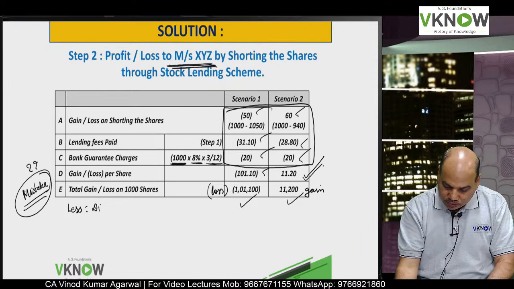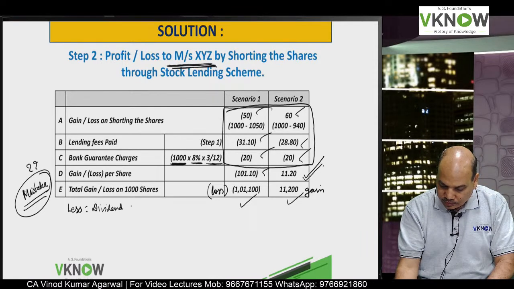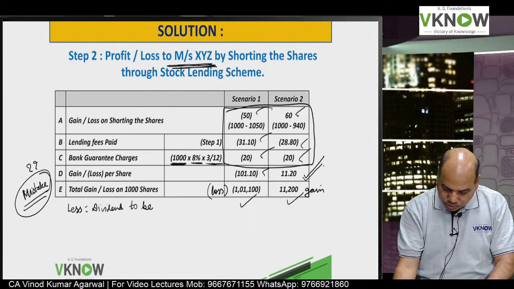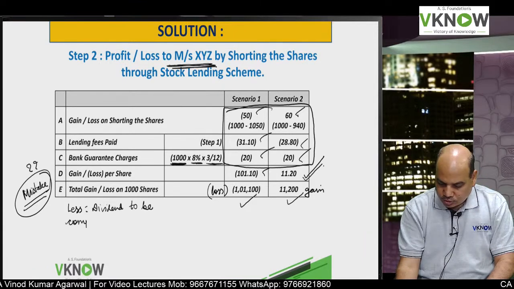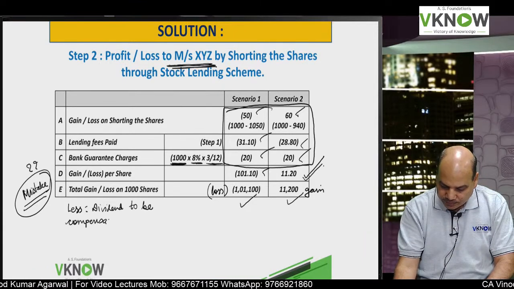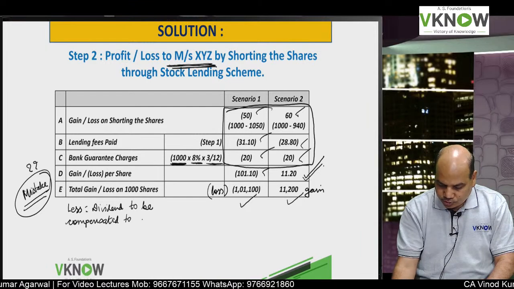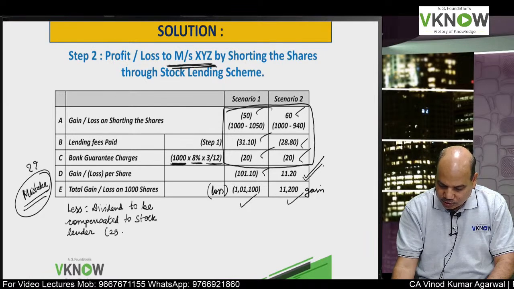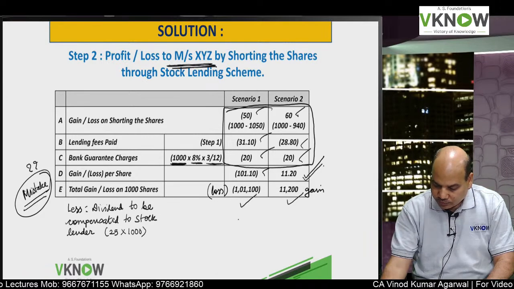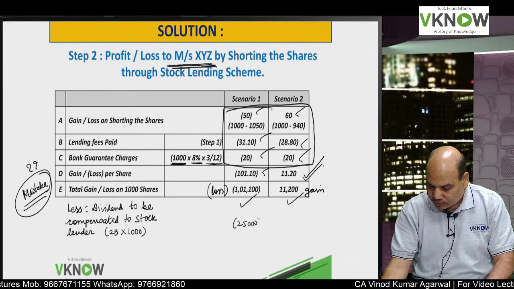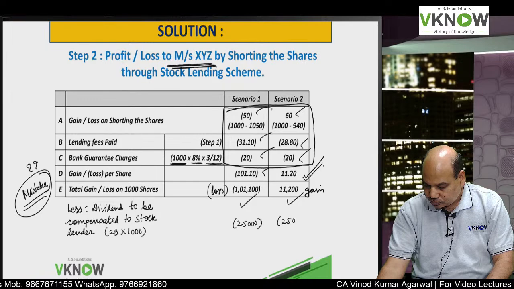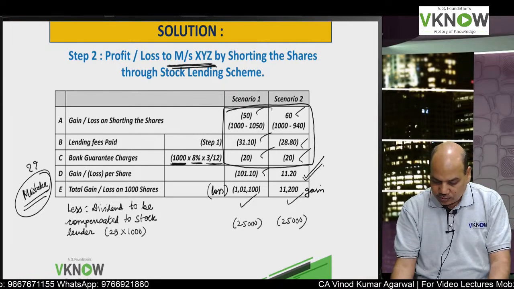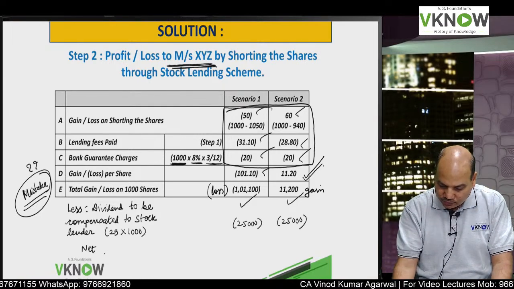Less: dividend to be compensated to stock lender. Dividend to be compensated to stock lender, 25 rupees into 1000, 25,000.